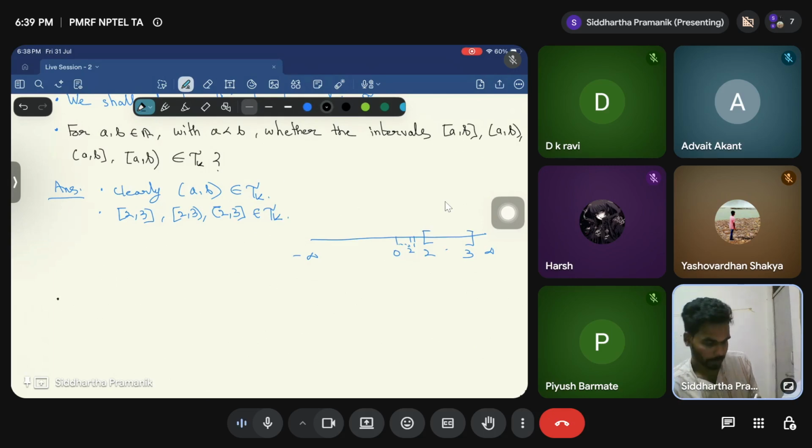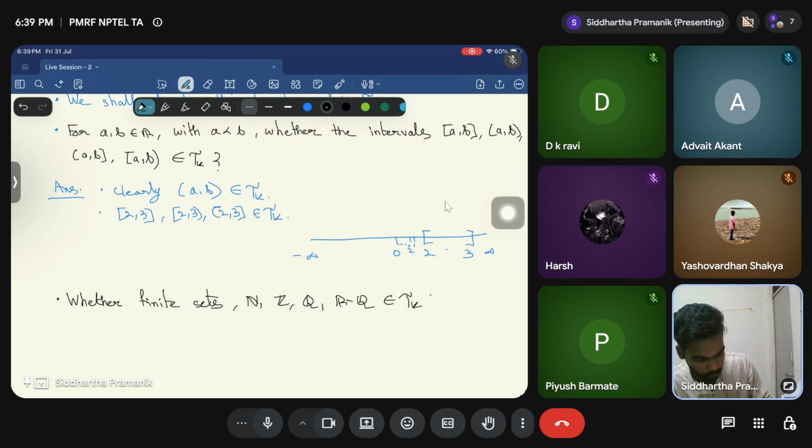Now, what about other kinds of sets? Finite sets, the set of natural numbers, Z, Q, R minus Q: are these elements of tau k or not?